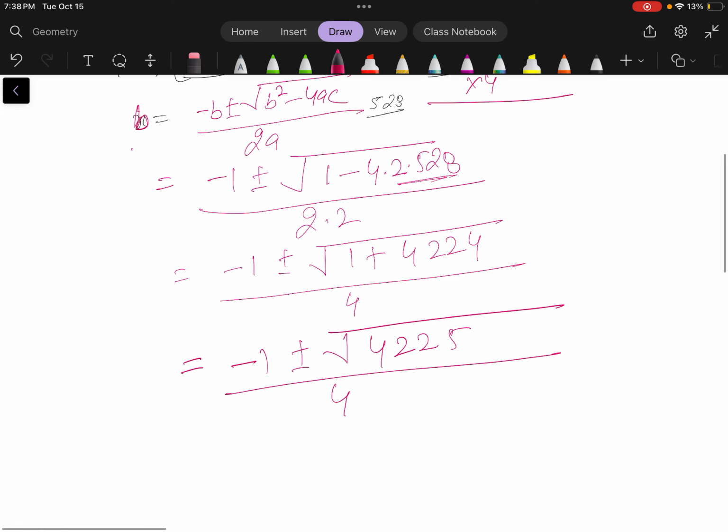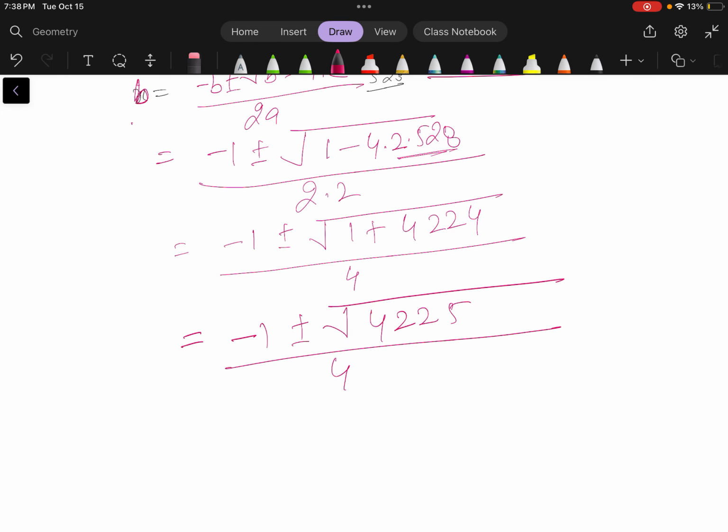So now we have to find the square root of this one. So let's solve this one. When you solve this one, you will create the factors of 4225.